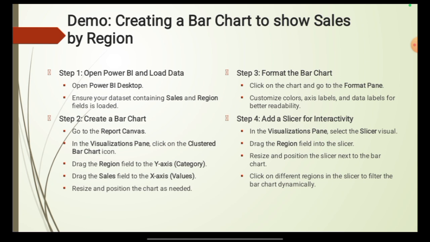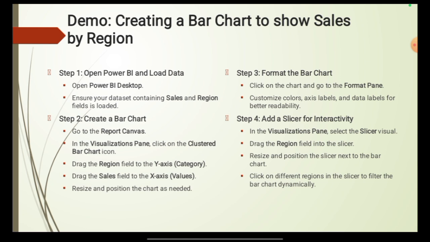To enhance the visual, click on the chart and navigate to the Format pane, where you will have to customize elements like colors, axis labels and data labels to improve readability. For interactivity, you will have to add a slicer by selecting the slicer visual from the Visualizations pane.